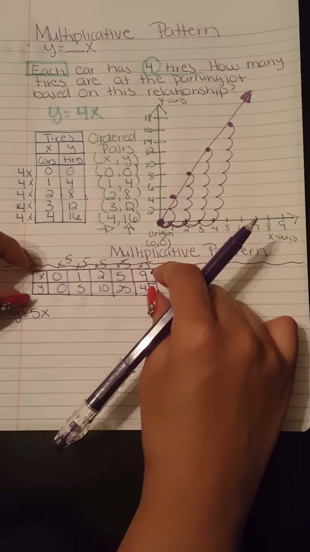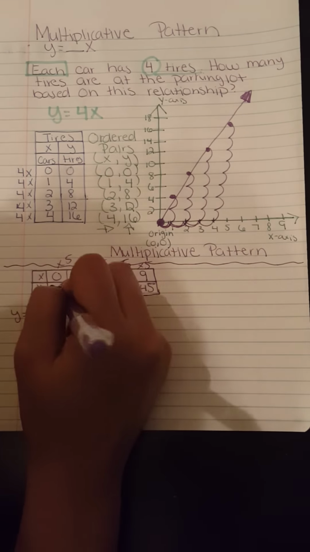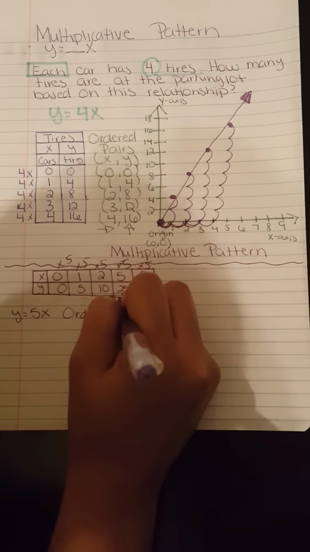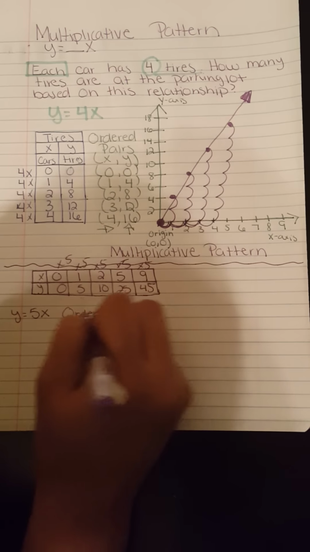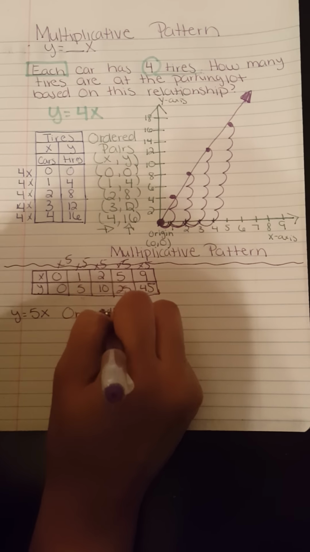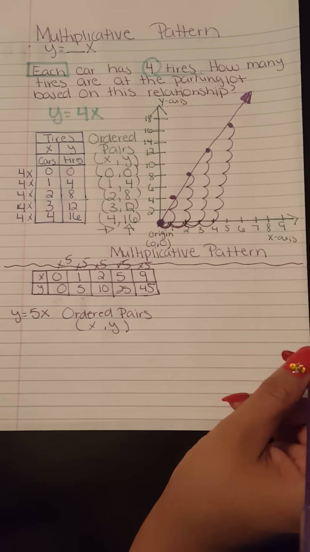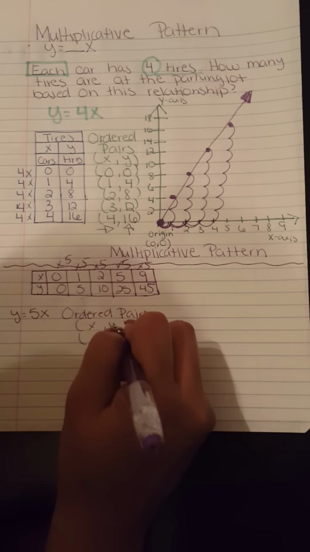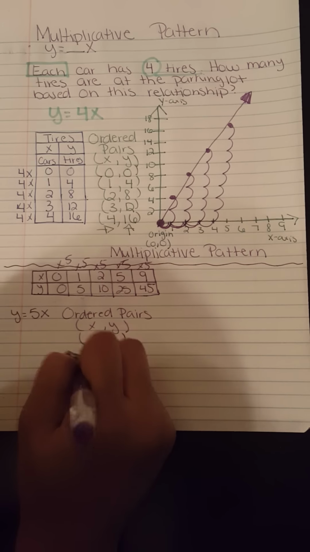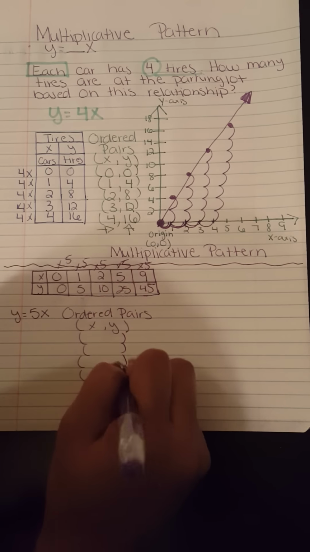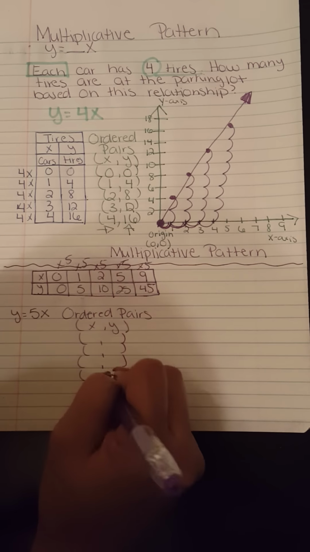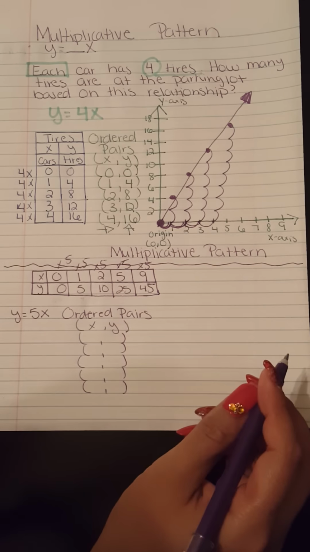Now we need to take the numbers here and create our ordered pairs. And remember, we're going to need an x and a y coordinate for each one. And we need 5 of them.